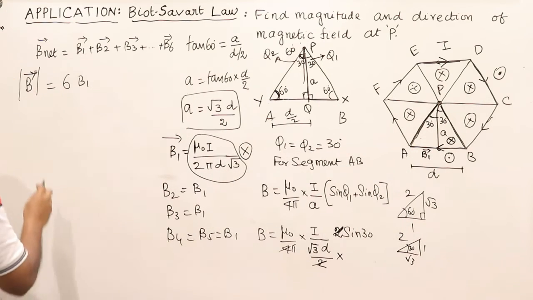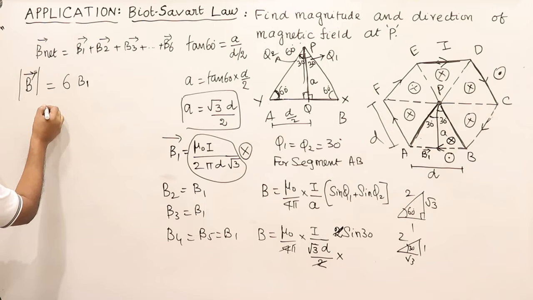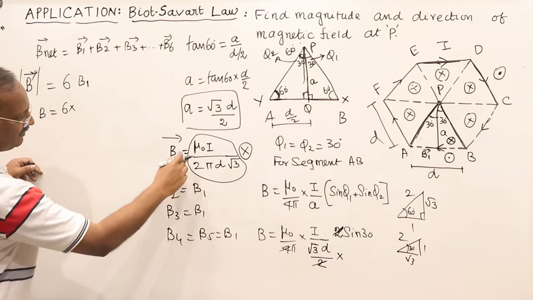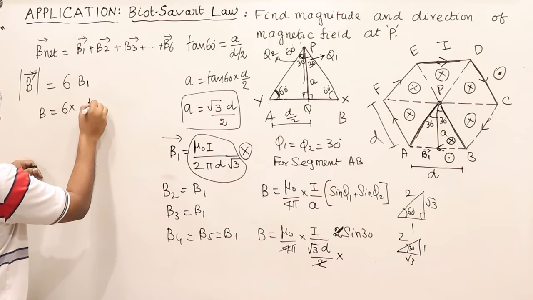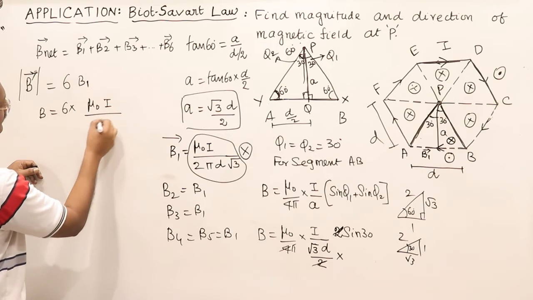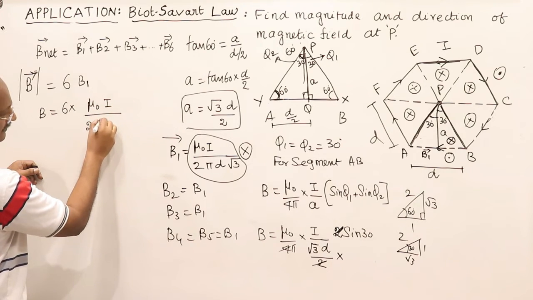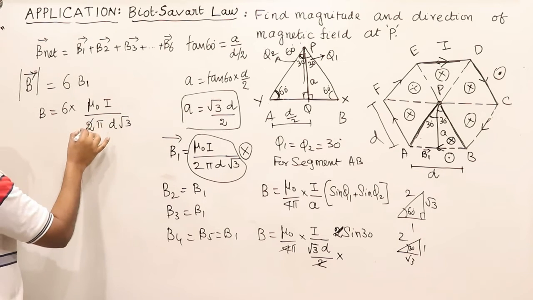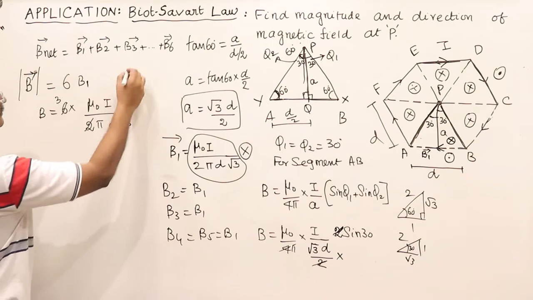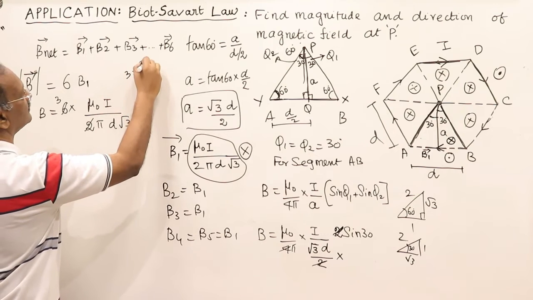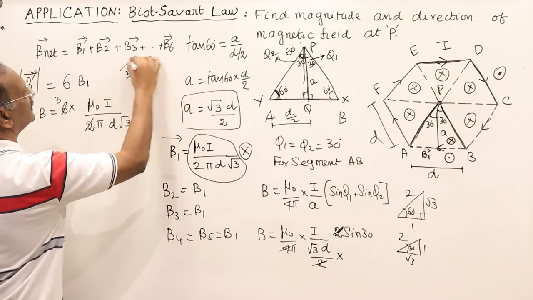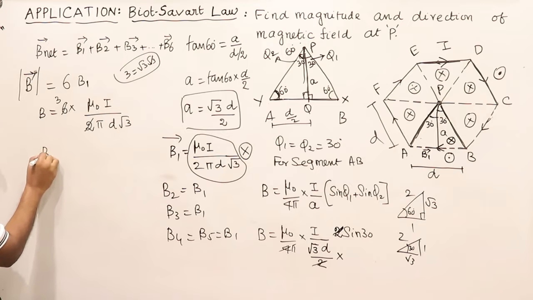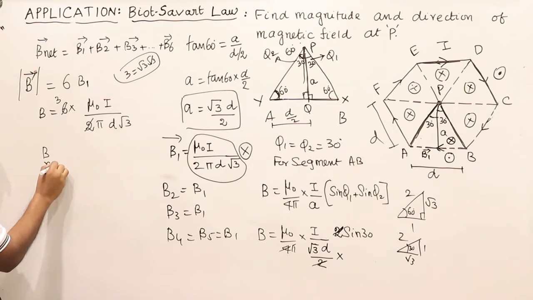So the magnitude of the net magnetic field is equal to 6 times B1. The magnitude of B1 is mu naught I divided by 2 pi d into root 3. So this becomes 3. Since 3 can be taken as root 3 into root 3, when divided by root 3, this gets cancelled. Therefore, the magnitude of the net magnetic field.